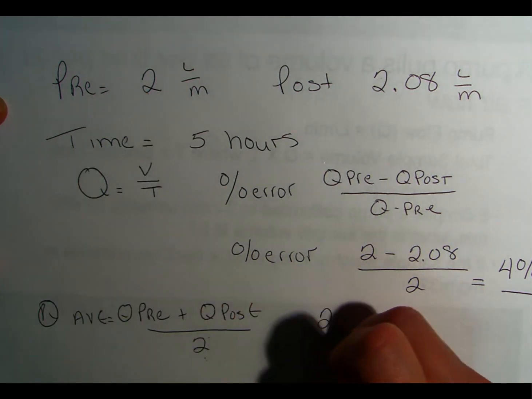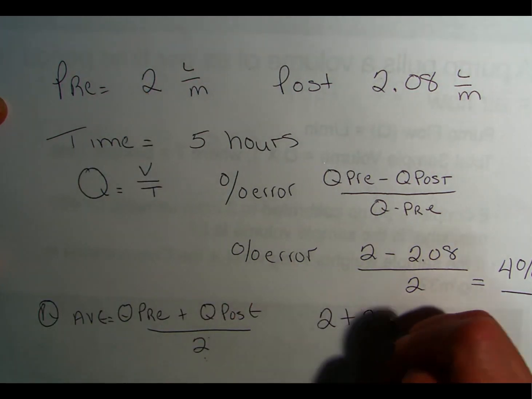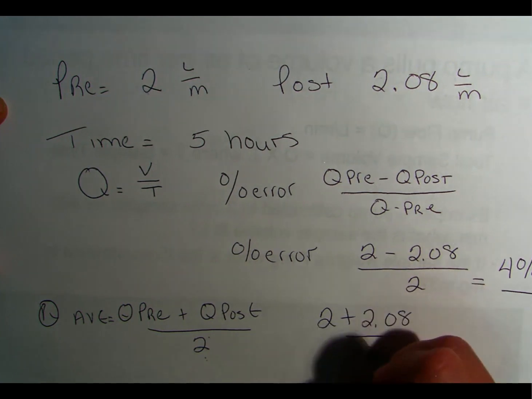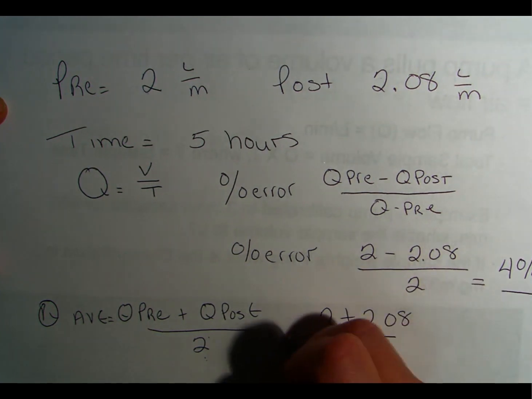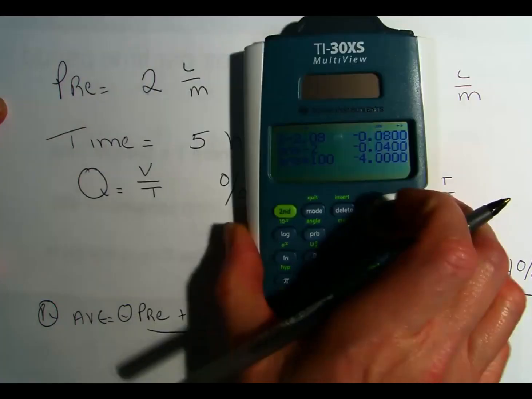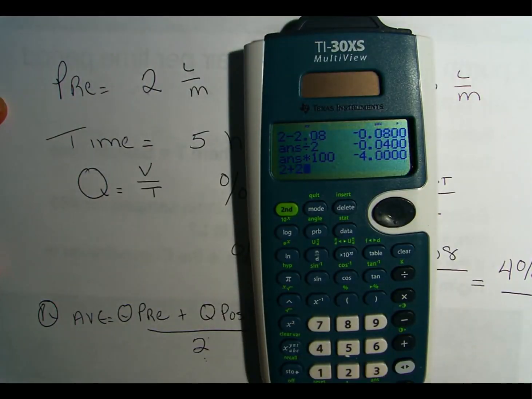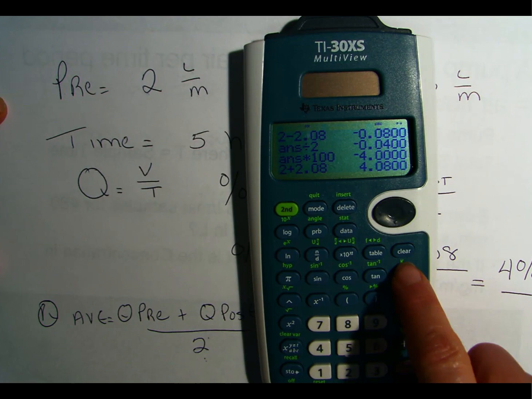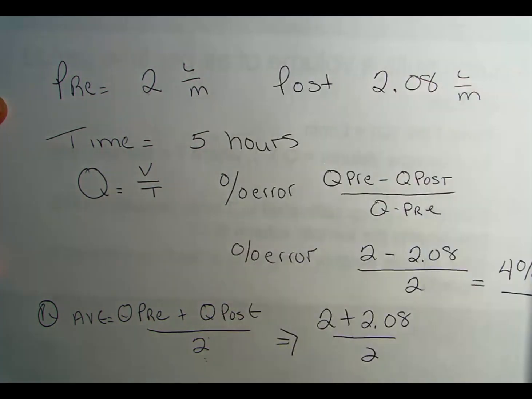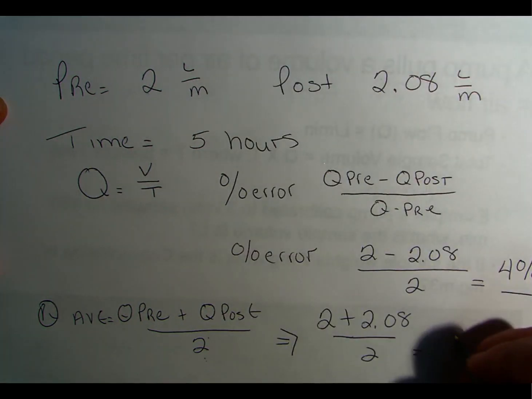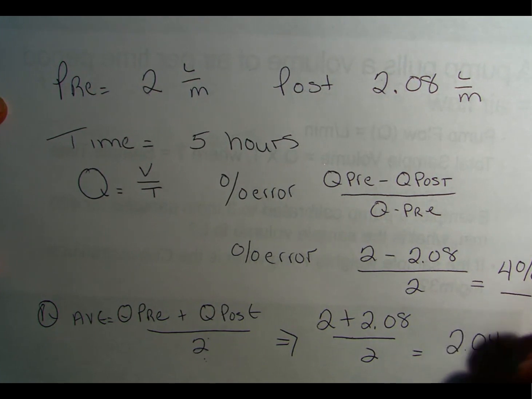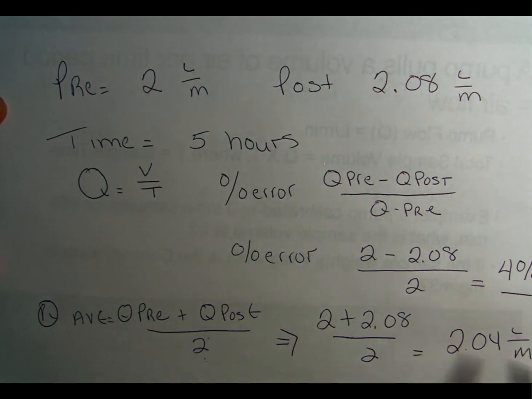So I have 2 plus 2.08 divided by 2. My average flow rate for 5 hours was 2.04 liters per minute.